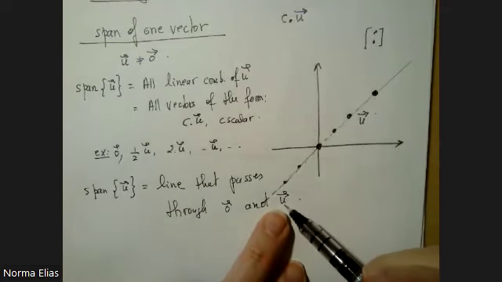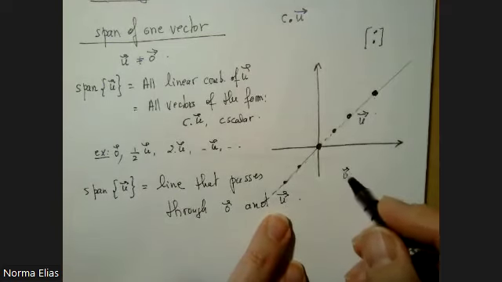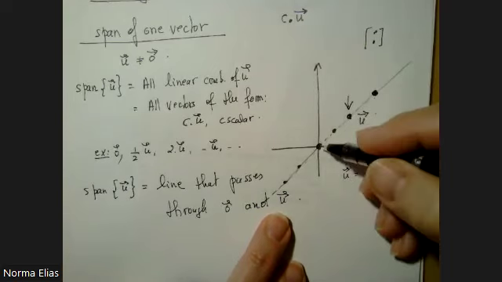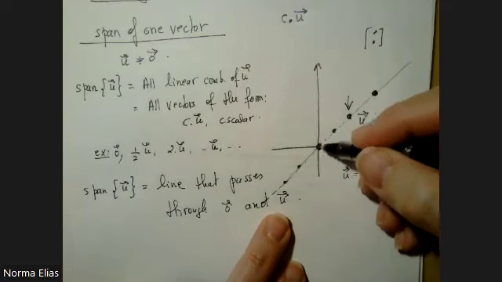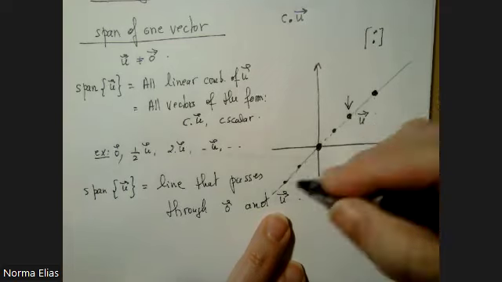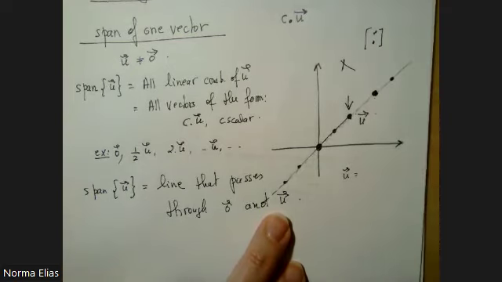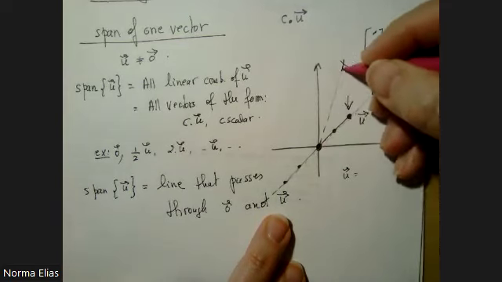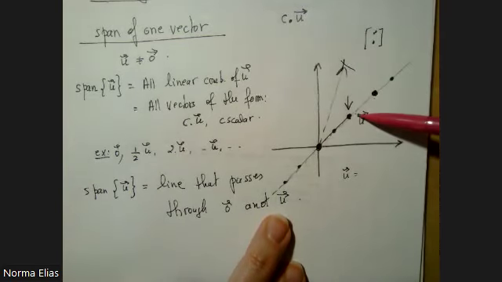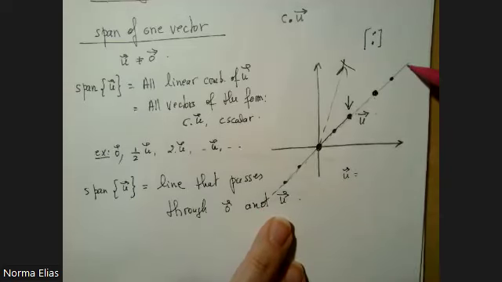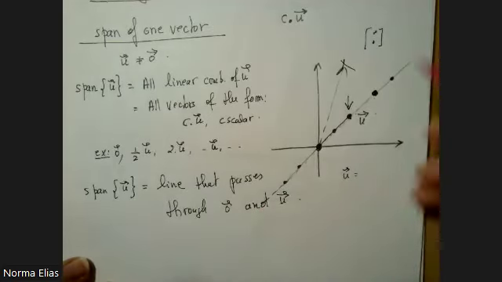Even here, I'm writing the vector notation, but I'm thinking of u as this point right here. So the span is all the points on the line that passes through the origin and u. Anything here is a scalar multiple of u. If I take this point right here, there is no way this could be a scalar multiple of u. So everything here is a scalar multiple. So for one vector, the span is the line. It goes through the origin and u.